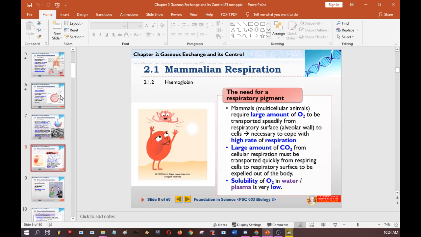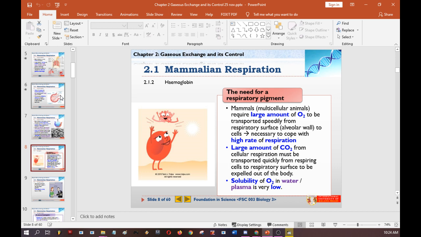If you try to blow air into water, you'll have bubbles. So air and water do not mix. O2 and water really cannot mix. Our blood is made out of 90% water. So how can it carry oxygen? The answer is by using a pigment.